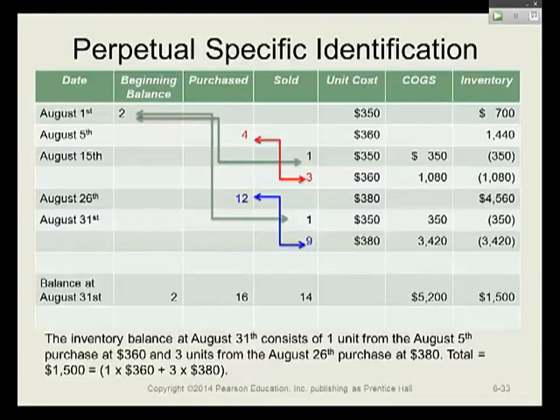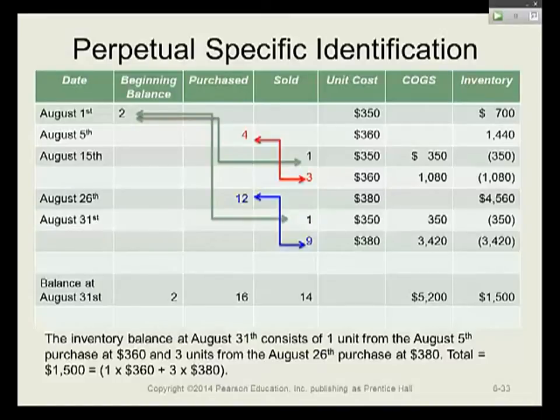But what I wanted to point out is how much is the total allocation between ending inventory and cost of goods sold? 67, correct? So you now are allocating for the month of August $5,200 to cost of goods sold and $1,500 to ending inventory.